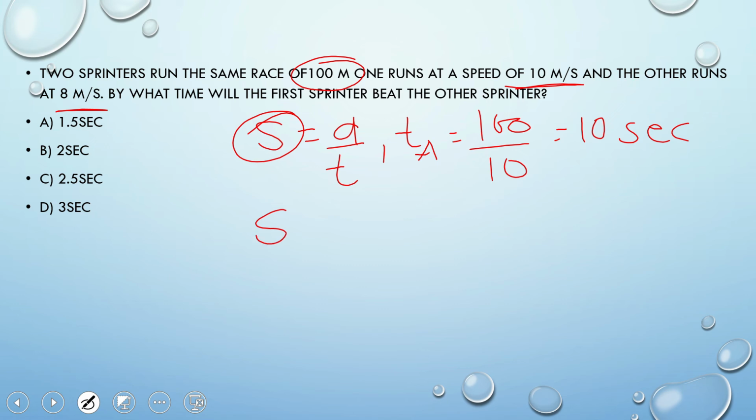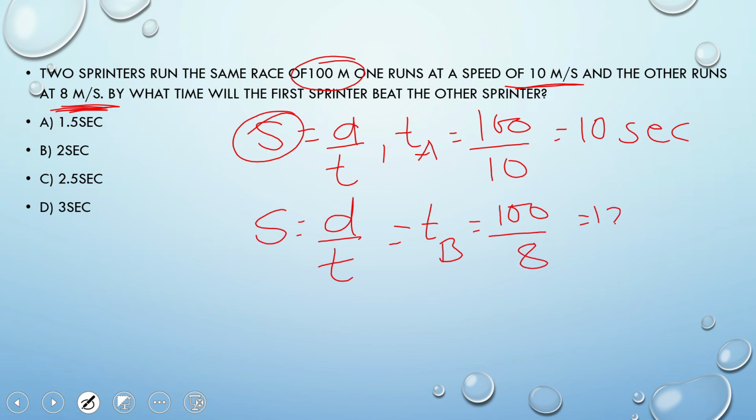Now similarly you can do it for B: time taken by B, of course the distance is 100 meters and the speed of B is 8, which is 12.5 seconds.